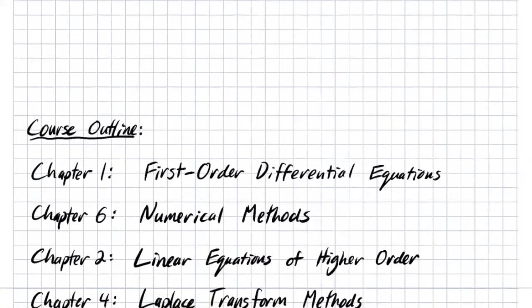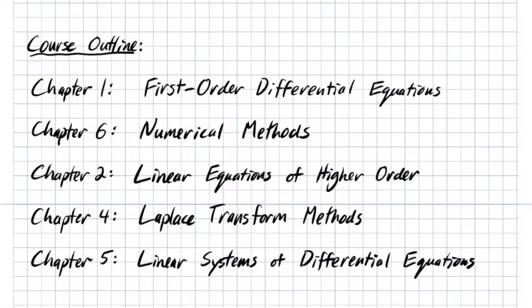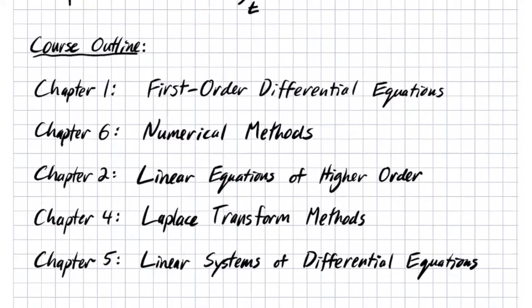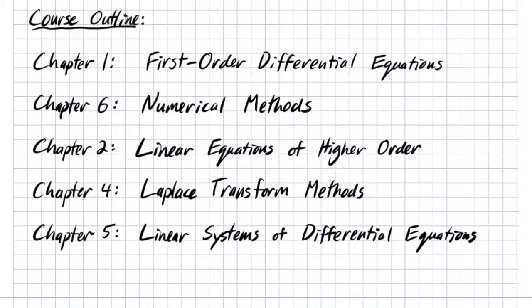Okay, so let's move on to discuss the course outline now. We're going to go through topics in the following order. We're going to first look at a very simple type of differential equation where we only have to worry about first order derivatives.